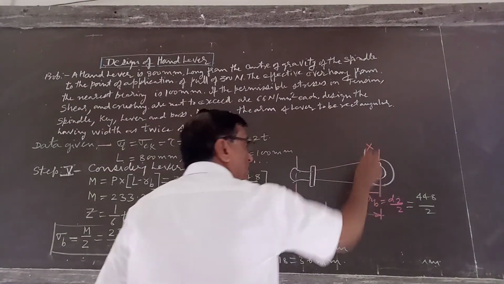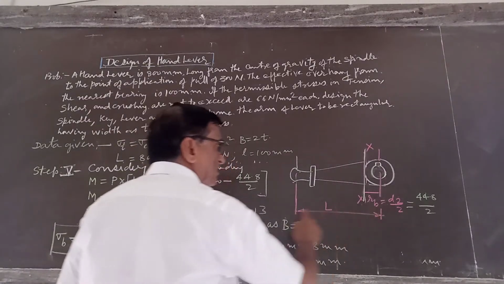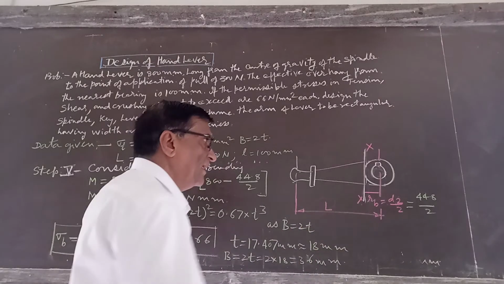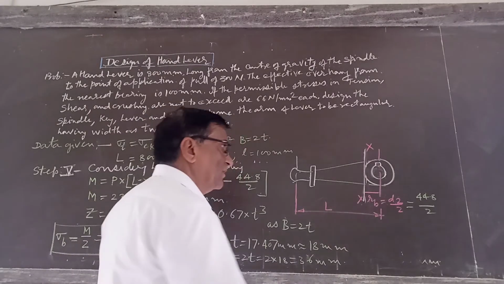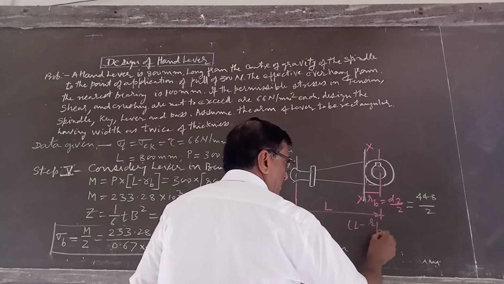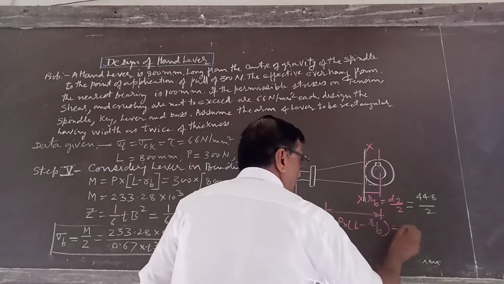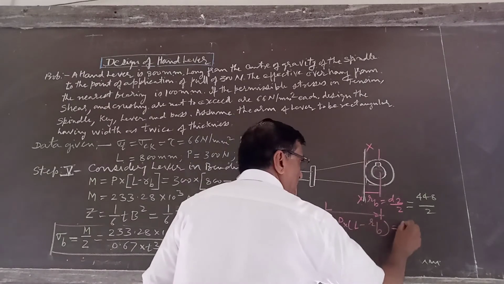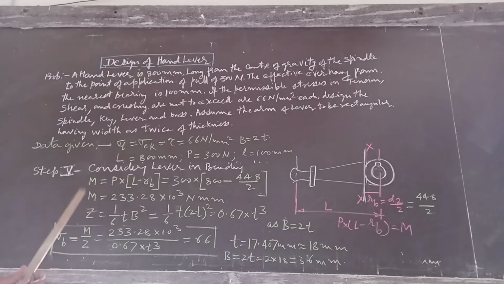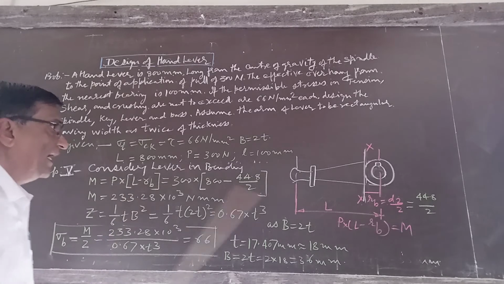Force into distance: this effective length is L and this distance is Rb, so the distance will be L minus Rb. So force multiplied by this distance will be the bending moment. M is equal to P into (L minus Rb) at this point.